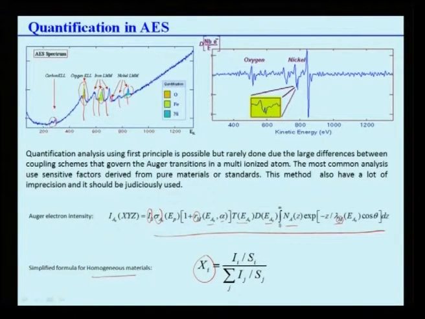One can also differentiate the intensity with respect to energy, which gives a much better plot, as I have discussed already about the AES spectra. The oxygen spectrum becomes like this, nickel comes like that. This way one can improve the quantification precision in a much better way.